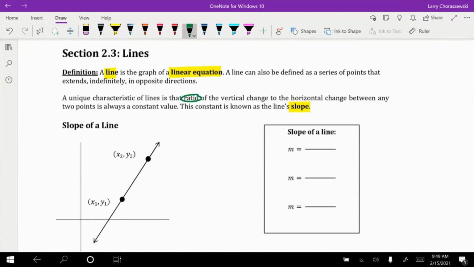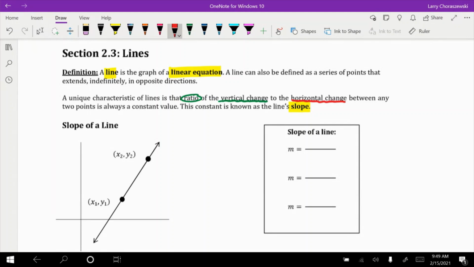And this fraction will have a numerator and denominator, obviously. In the numerator, we have what's called a vertical change. And in the denominator, we have what's referred to as a horizontal change.